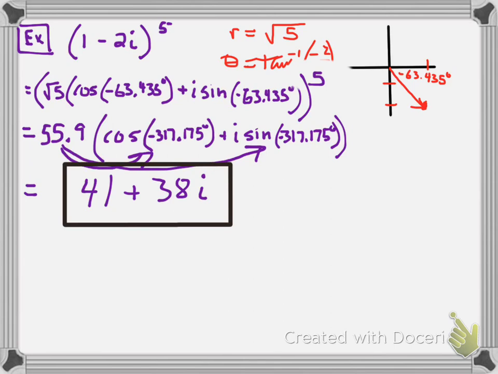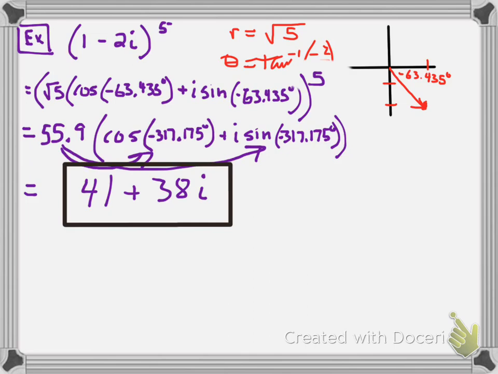37.998. Yeah. The reason we round that is because we wouldn't expect to have decimals, right? Because the only things we're multiplying in our original problem are 1s and 2s. So when that expands, it's going to have integral values. So you keep a bunch of decimal places in your problem, and then you round to the nearest whole number at the end. Okay? So that's 41 plus 38i.